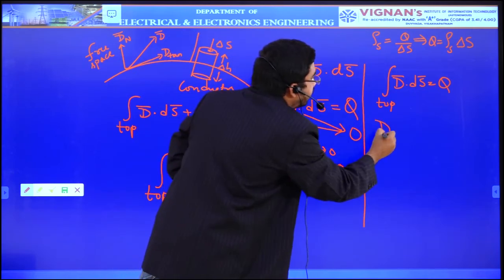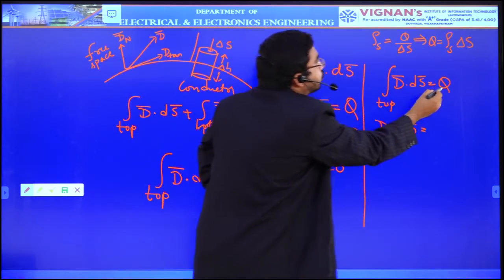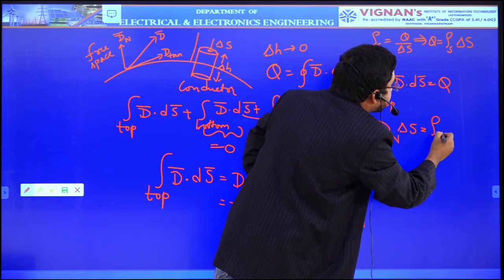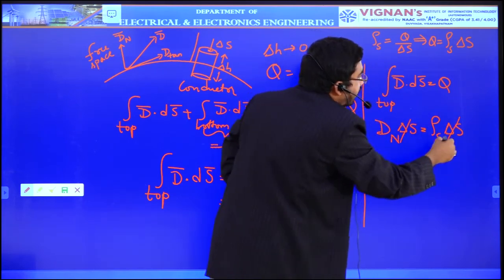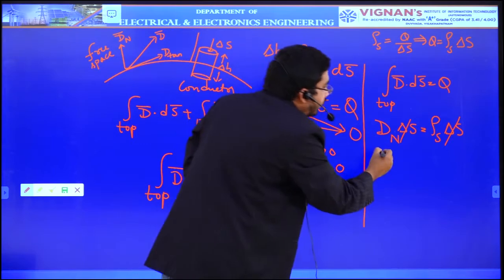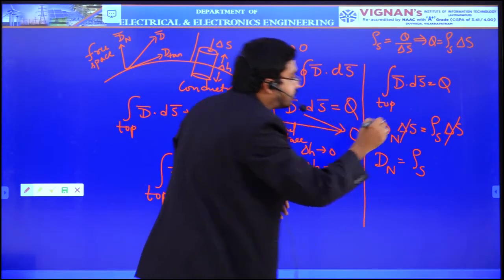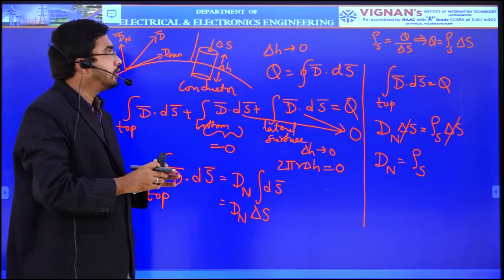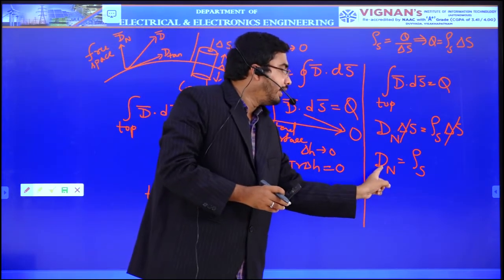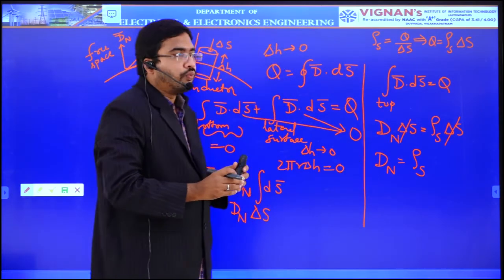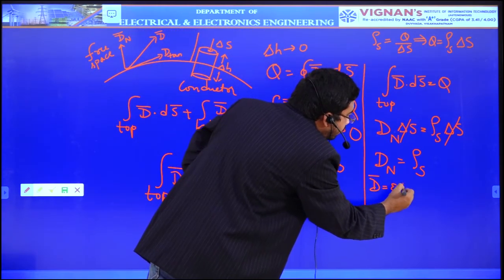That is Dn into delta S, and that is equal to Q, which is rho s into delta S. So here delta S is cancelled, and Dn equals rho s. This is the boundary condition between conductor and free space, where you will have Dn equal to rho s. When Dn is equal to rho s, we know that D bar equals epsilon into E bar.